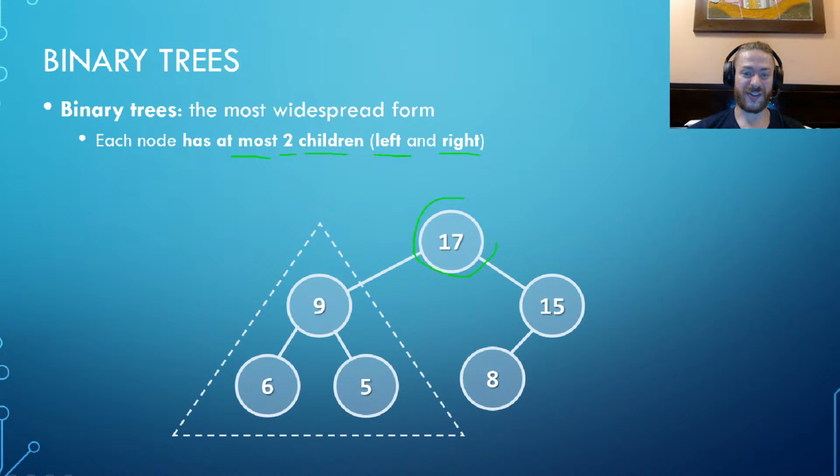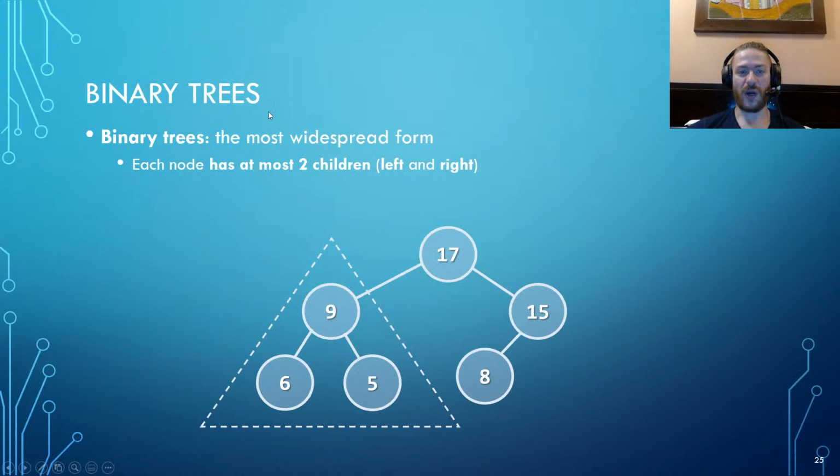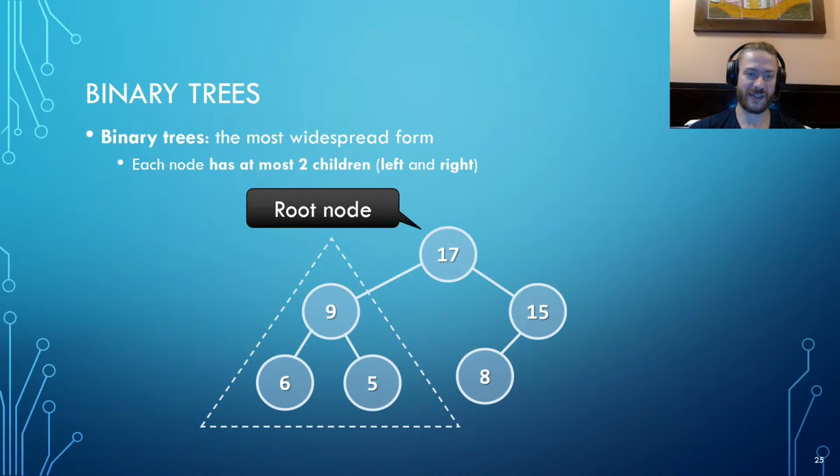So the root is 17, it has 2 children. The 9 has 2 children. The 15 has only 1 child. So at most 2. We cannot have more than 2 children. We cannot have, for example, 3 or 4 or 5 and so on. This is the most widespread form, and we'll see in a minute why it's super efficient for searching, for example.